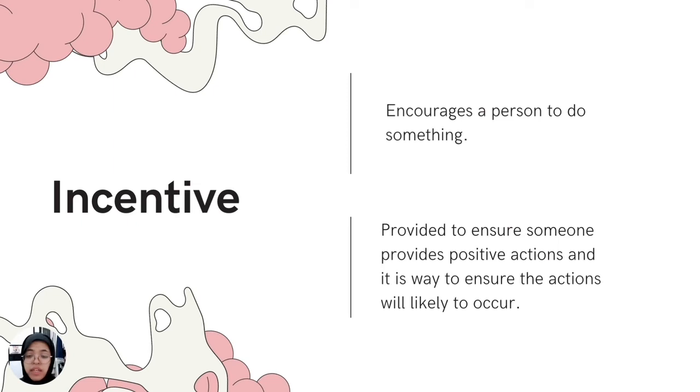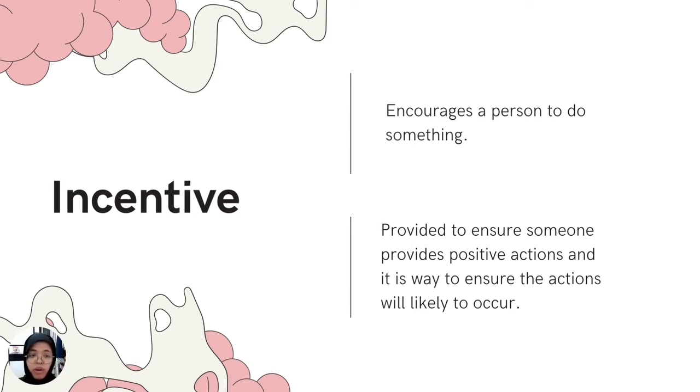An incentive is something that encourages a person to do something, and it is a way to ensure that a positive action will likely occur. Other than that, it is also something that helps someone avoid a negative action, and it is likely to stop someone from repeating the same action.